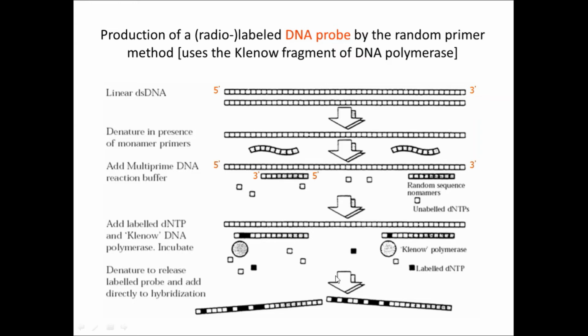At the same time, radio labeled nucleotide triphosphates are added to the DNA mixture with the help of DNA polymerase. The labeled nucleotide triphosphates are added to the single stranded cDNA. So it is finally converted into labeled cDNA, or sometimes a labeled cDNA library.